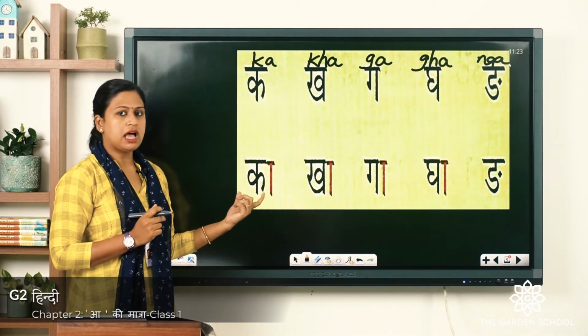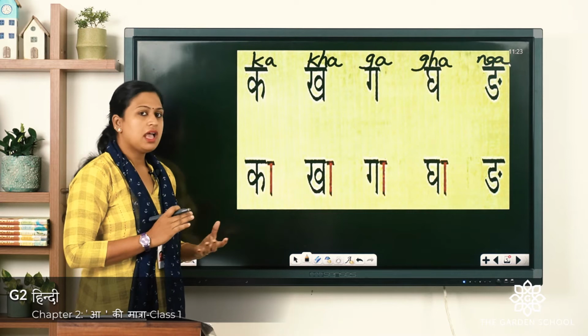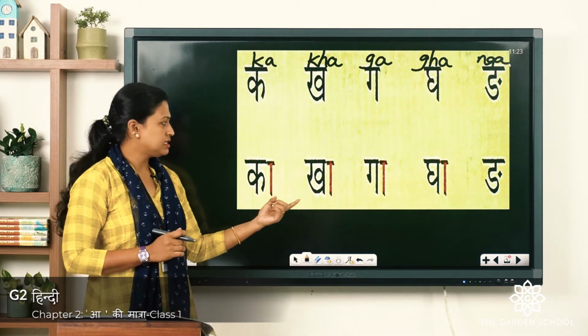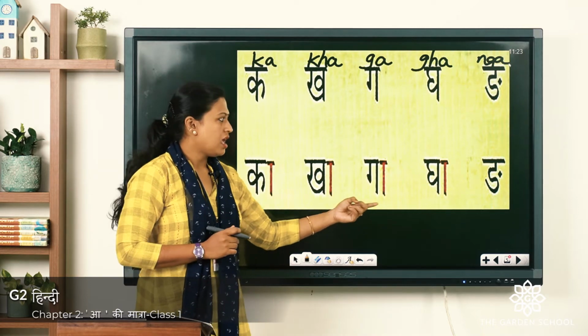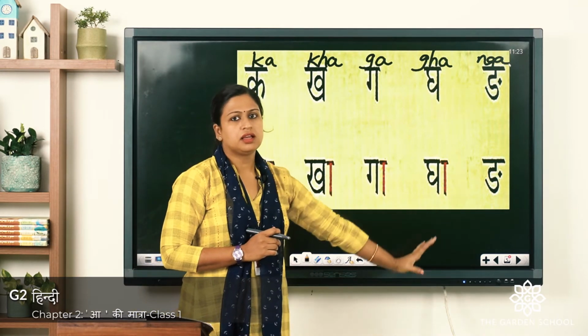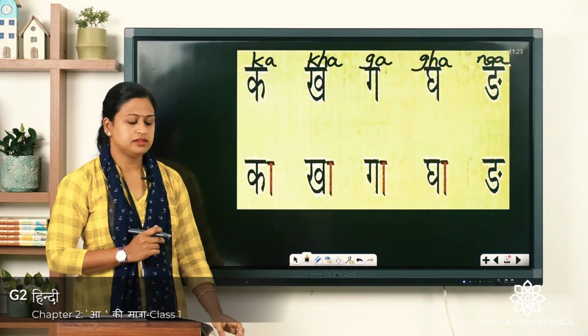So when we use the Aa symbol, it sounds kaa, khaa, gaa, ghaa and ngaa. We rarely use that one.